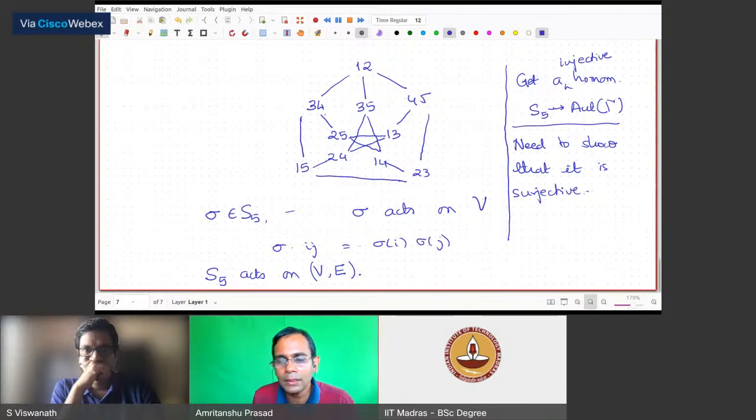This you can do using the orbit stabilizer lemma: you find how many automorphisms fix one of the vertices of the Petersen graph. Then using that, you can compute the order of the automorphism group, like we did for the cube graph in the lectures. So that's a very interesting non-trivial computation of the automorphism group of a graph.